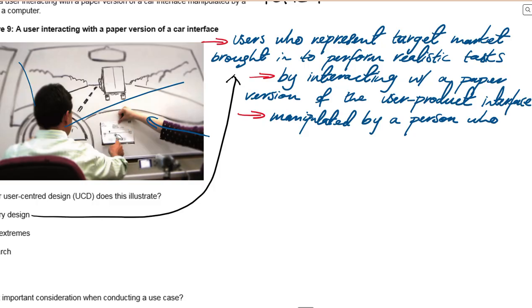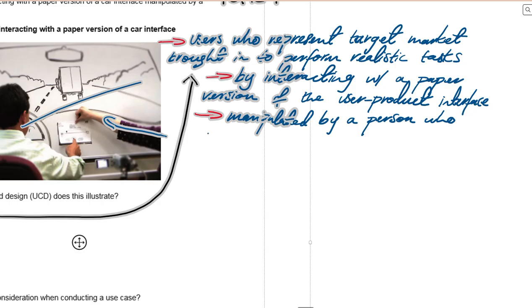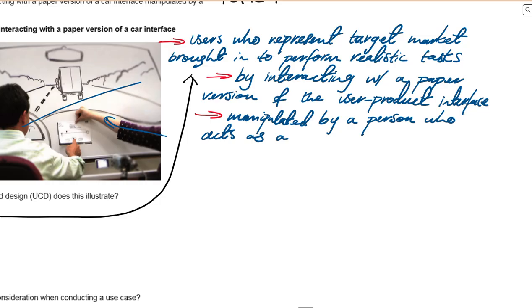Login or connect to Bluetooth, and then we might have pair device, or we'll have increase volume, and you have to click some buttons. And so that's what you'll see. So it's manipulated by a person who acts as a computer. Sorry guys, this is a long definition, but you need to remember all these parts.